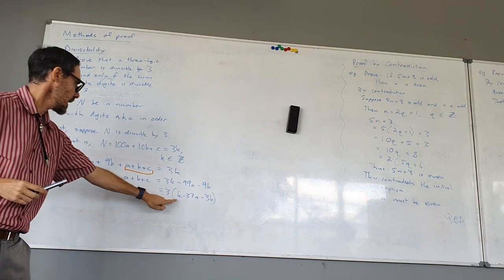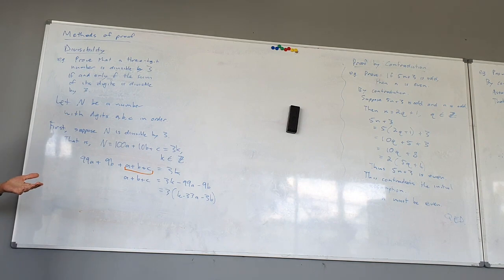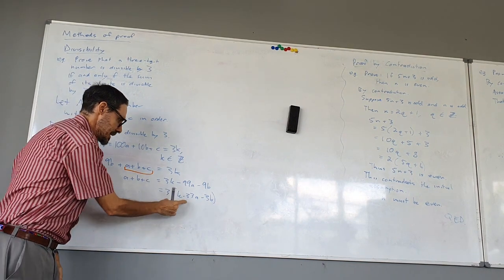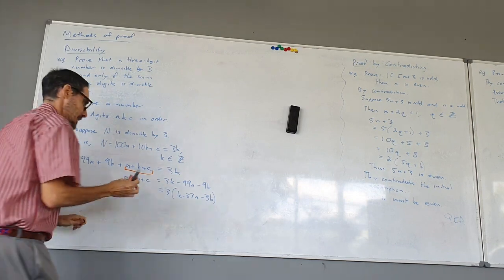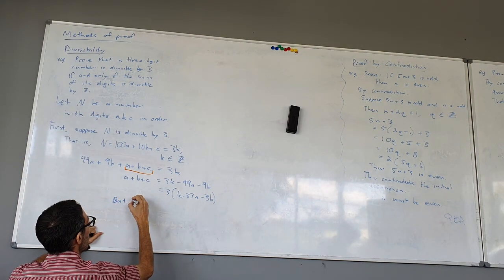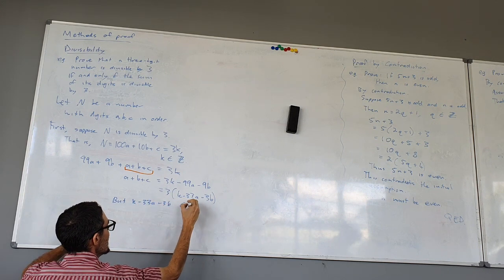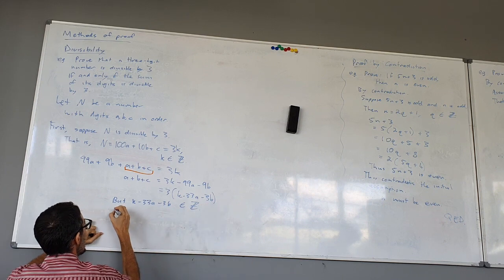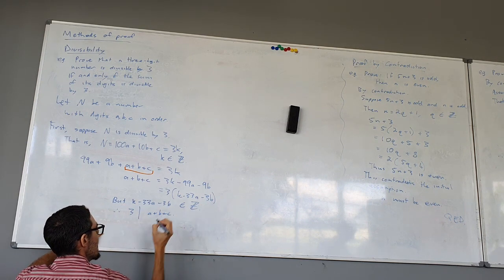But k and a and b are all integers, which means this is 3 times an integer, so k minus 33a minus 3b is an integer, therefore 3 must divide a plus b plus c.